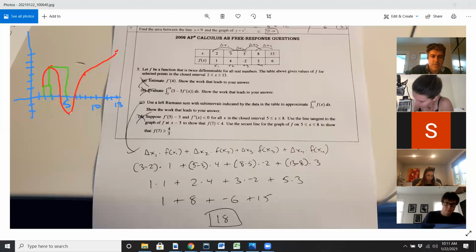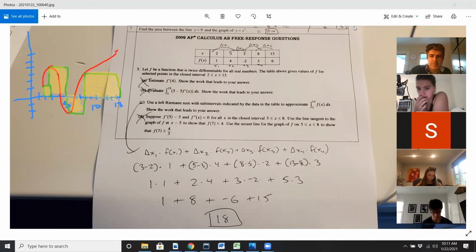The next one is going to run from 5 to 8, and again, it's the left corner touching, so it's actually going to look like this. And next is going to run from 8 to 13, and again, it's the left corner touching, so it's like that. So you're finding the area of all these regions here. Find this area, this area, this area, and that area. So that's visually what you're doing.